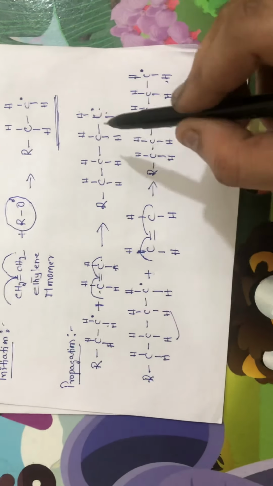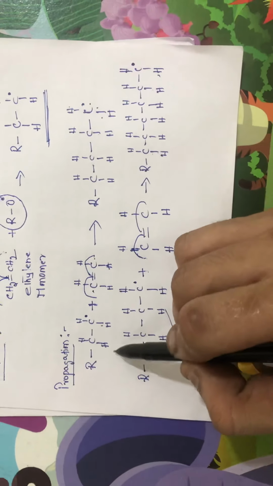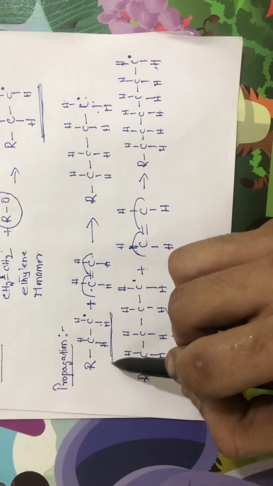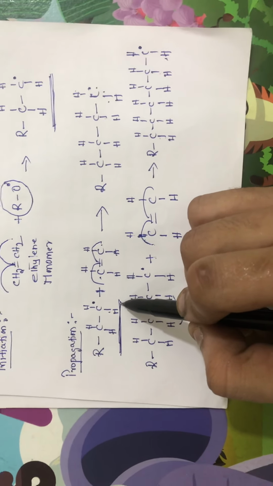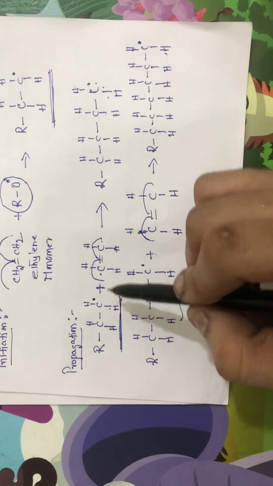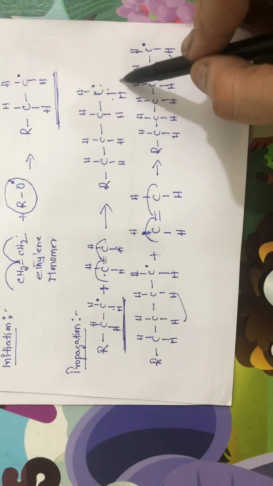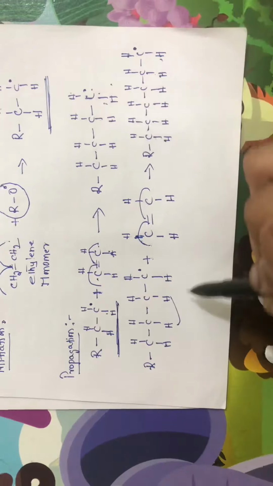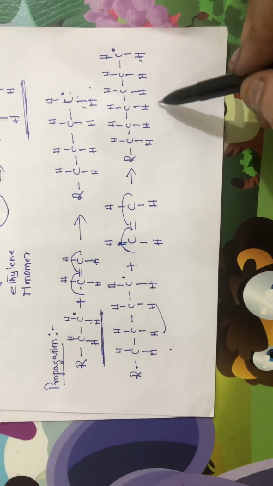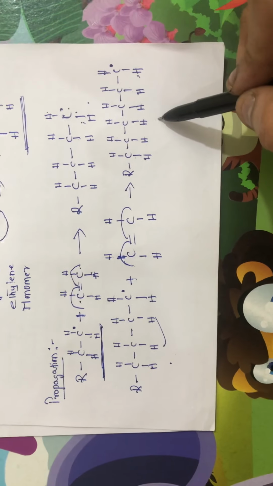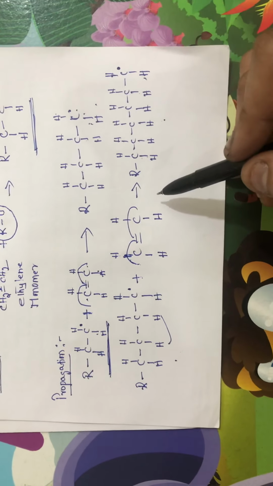So if you see here, only one active monomeric unit started its reaction, and this came in contact with the fresh monomeric unit and formed a chain. In the same way, the chain length is increasing. If we add another CH2 molecule, then the chain will increase.